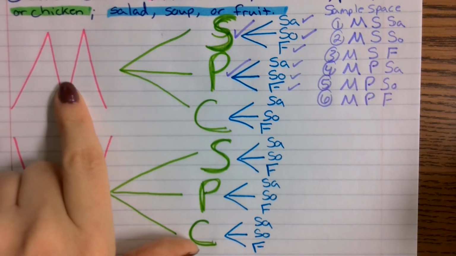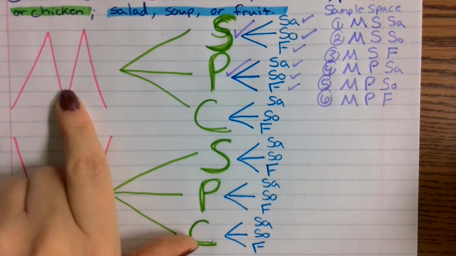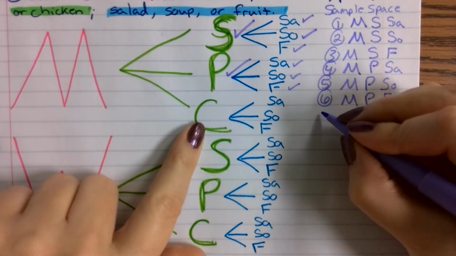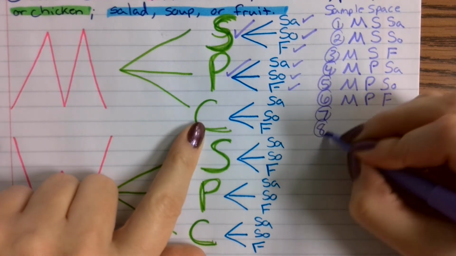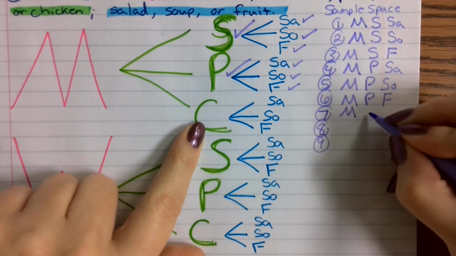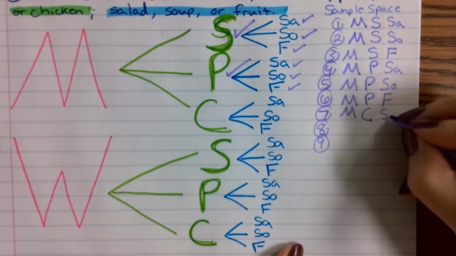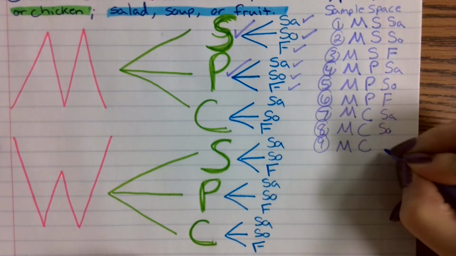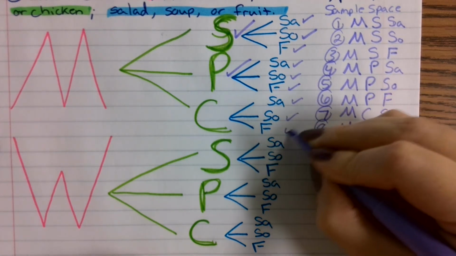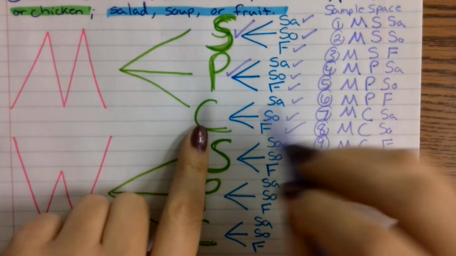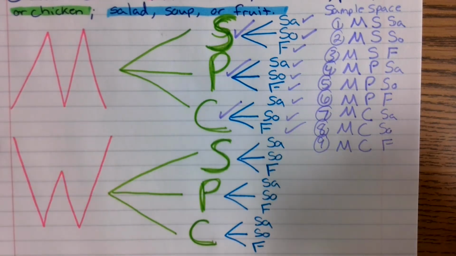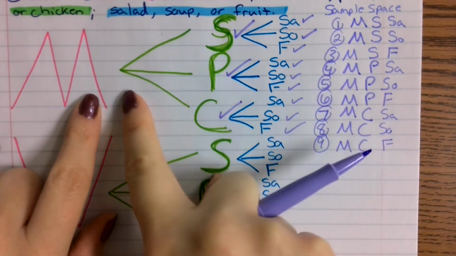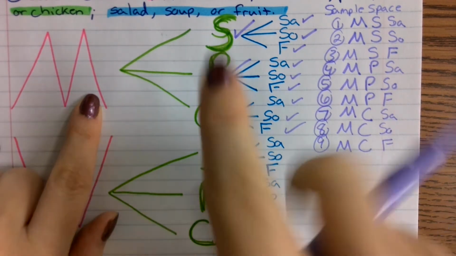Is milk done now? No, why not? I still got chicken. So now I'm going to come and do all the milk and chicken combinations. I've got milk, chicken, and salad, milk, chicken, and soup, milk, chicken, and fruit. So now chicken's done. Is milk done now? Yes. Milk is done because I've done all the milk sandwich, the pasta, and the chicken combinations.